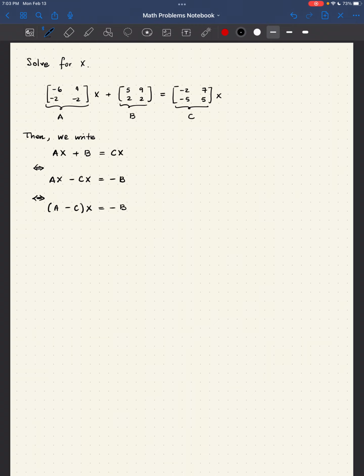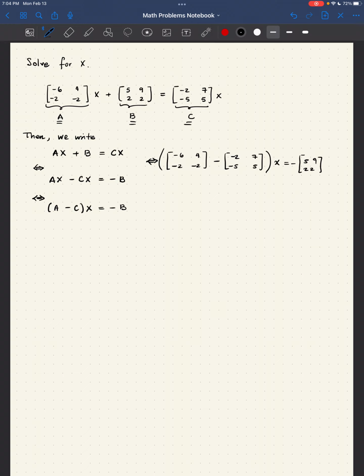And of course, once we have this, I will transform it into the following expression: negative 6, 4, negative 2, negative 2, by incorporating back what A, B, and C are, minus negative 2, 7, negative 5, 5, then multiply this against X and get negative 5, 9, 2, 2.